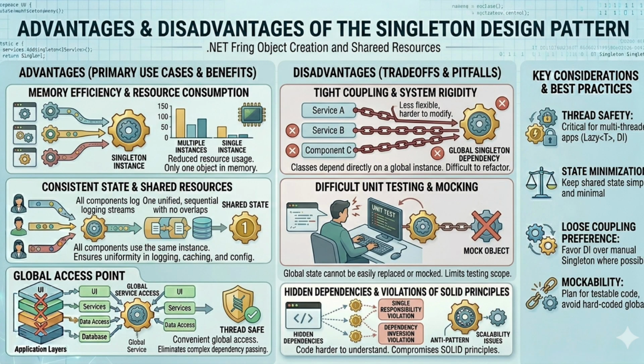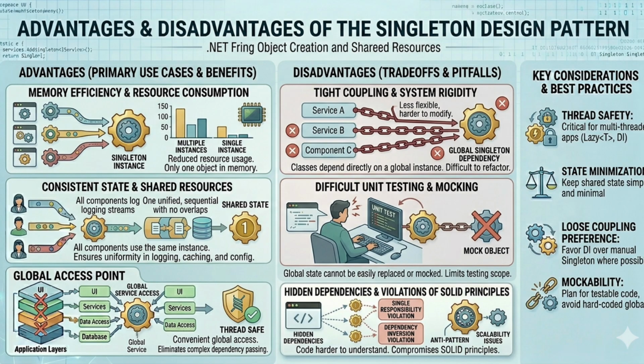The Singleton pattern offers several advantages that make it useful in specific scenarios. One of the primary benefits is memory efficiency, as it ensures that only one instance of a class is created, reducing resource consumption. It also provides a consistent state across the application, since all components use the same instance.